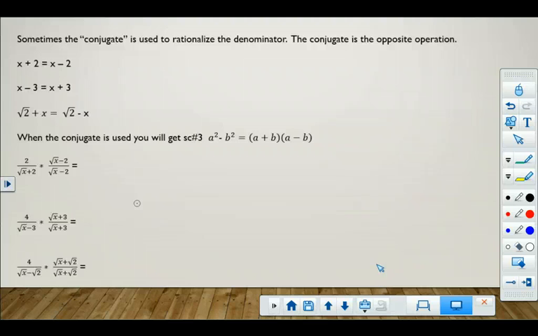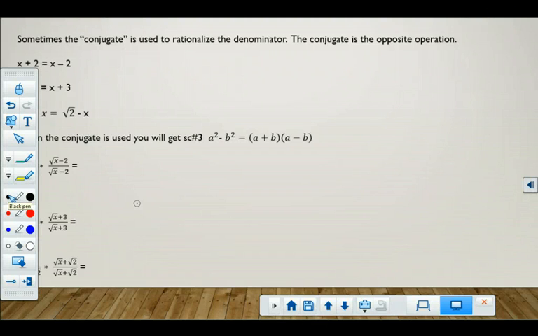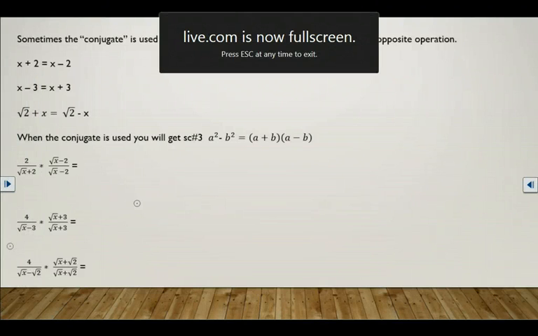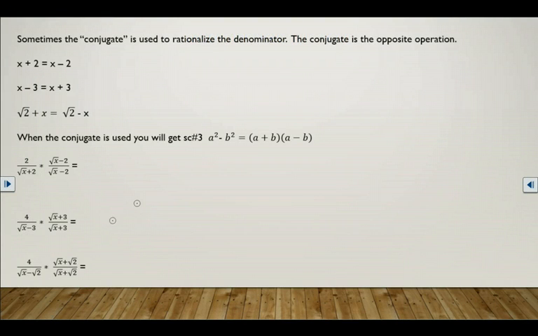So, in this case, we multiply by the conjugate. This is going to be 4 times the square root of x plus 3 over the square root of x squared minus 3 squared. And that cancels that out.